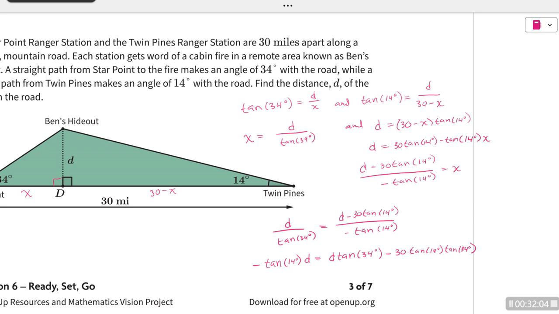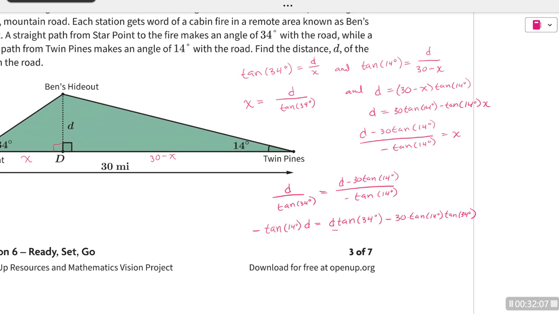So now let's get our d's on the same side. I have d here, so I'm going to move this d over, move this 30 over. That way we have positive terms. So 30 times tan of 14 degrees times tan of 34 degrees is going to be the same as d times tan of 34 plus d tan of 14. So now that I have a d on both sides, I can factor out my d.